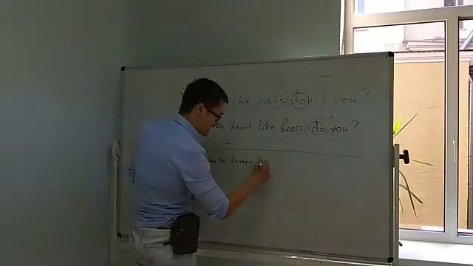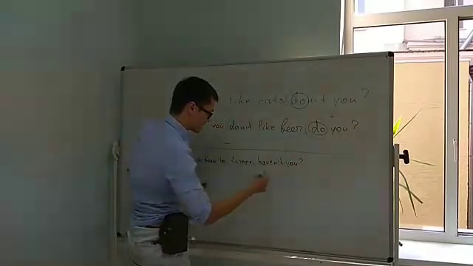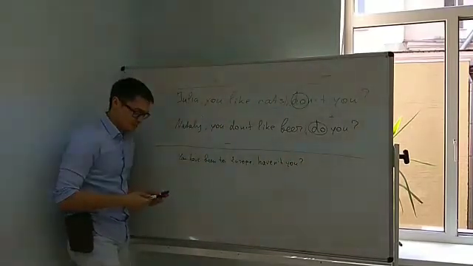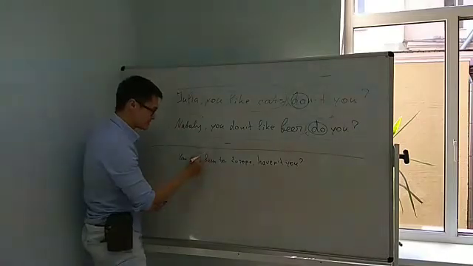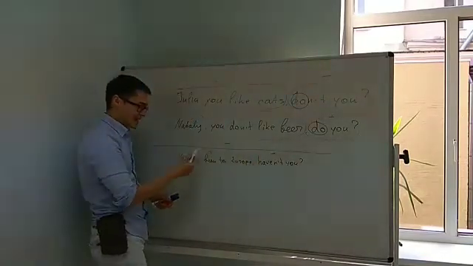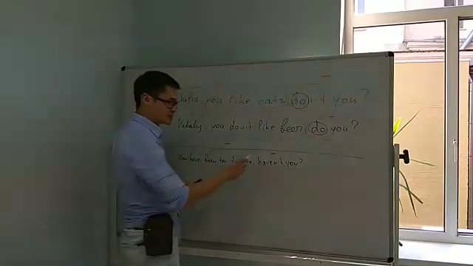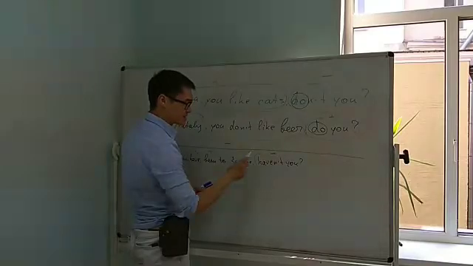Very good. You have been to Europe is a positive statement. That's why your tag is negative. Moreover, have been is present perfect. The auxiliary verb is have, so you have to use the auxiliary have in your tag.